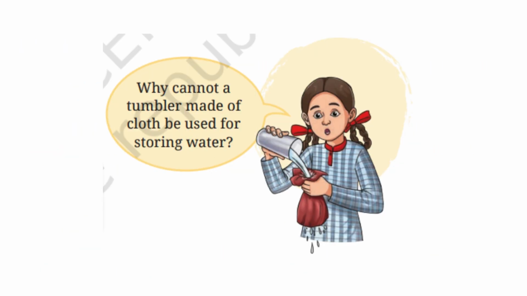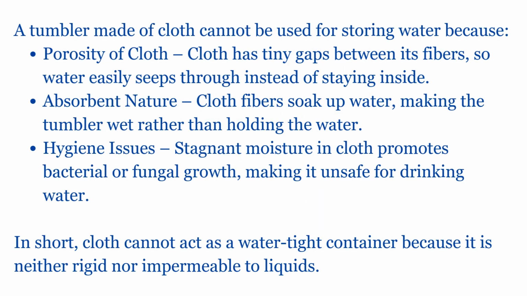Why cannot a tumbler made of cloth be used for storing water? So a tumbler made of cloth cannot be used for storing water because of the porosity of cloth. Cloth has tiny gaps between its fibers, so water easily seeps through instead of staying inside. Absorbent nature: cloth fibers soak up water, making the tumbler wet rather than holding the water.